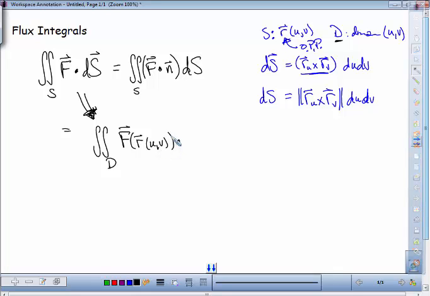So you'll end up with a function of u and v, and then you dot that with your dS. The result will be a scalar function of u and v that you can integrate over the domain of u and v.